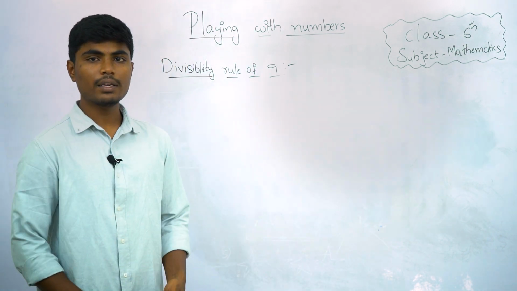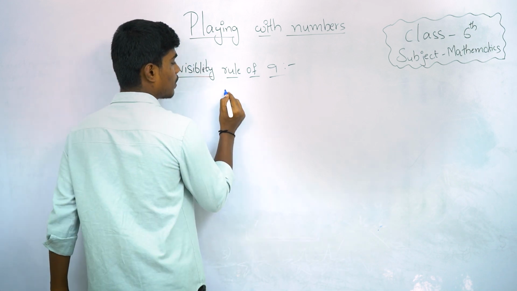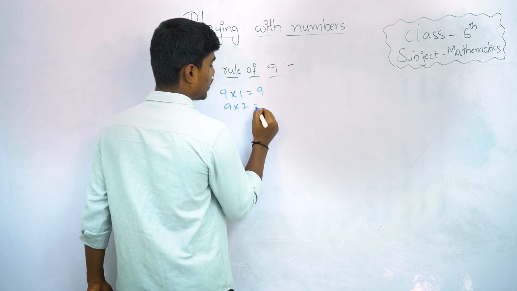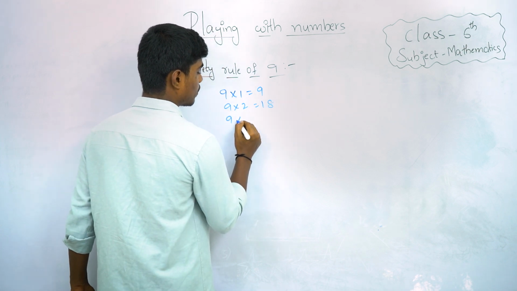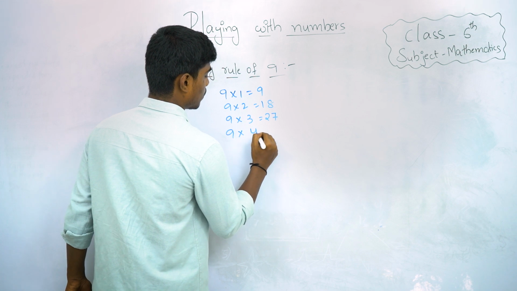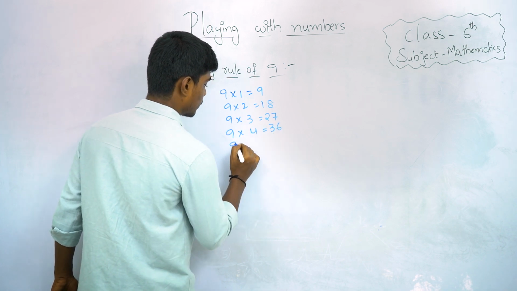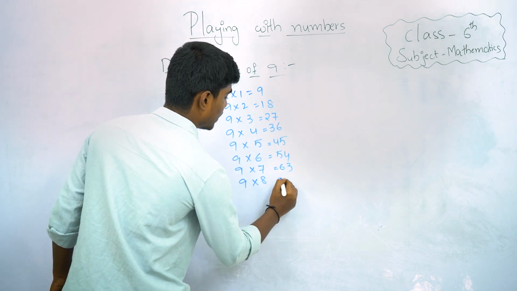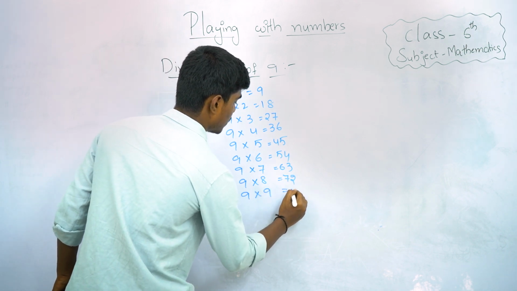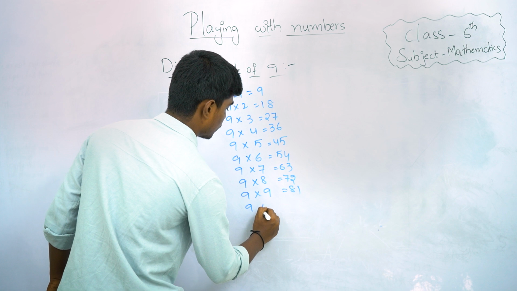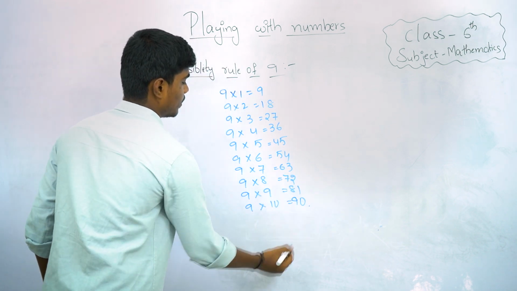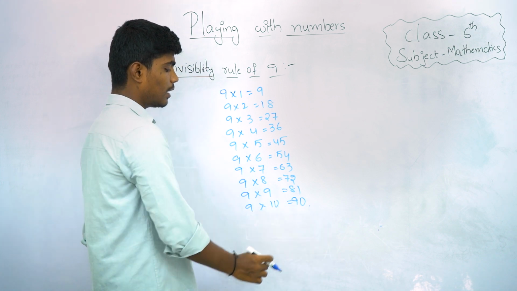First, let's write the 9 table. 9 ones are 9, 9 twos are 18, 9 threes are 27, 9 fours are 36, 9 eights are 72, 9 nines are 81, 9 tens are 90.